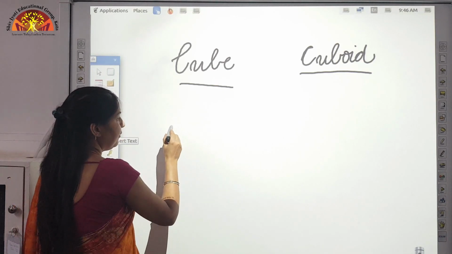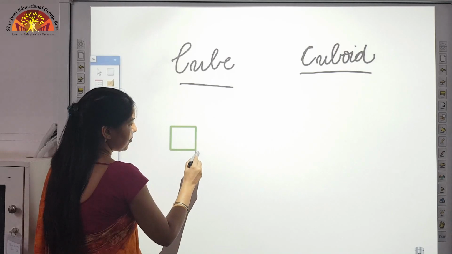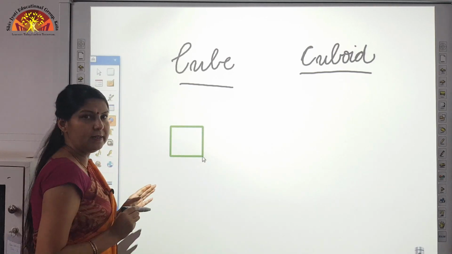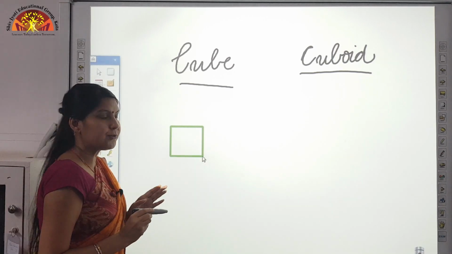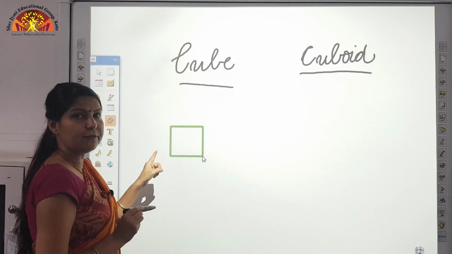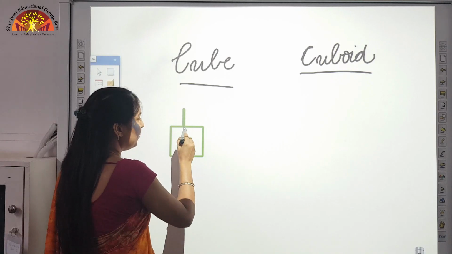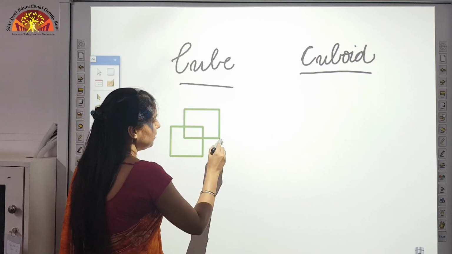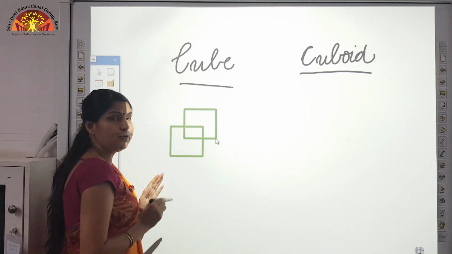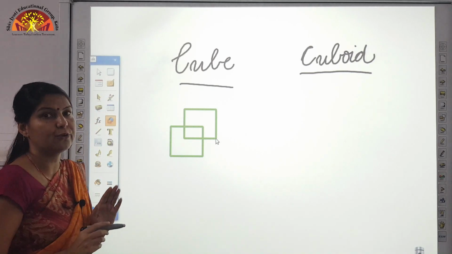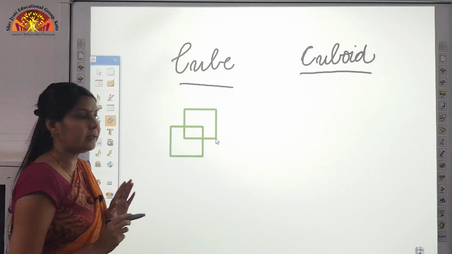For cube, we will draw 2 squares. One square is this. We will draw another square. How many sides does a square have here? Here 4 sides. Now when we draw one more square here, it also has 4 sides. Now 4 and 4 means 8 sides now it has.